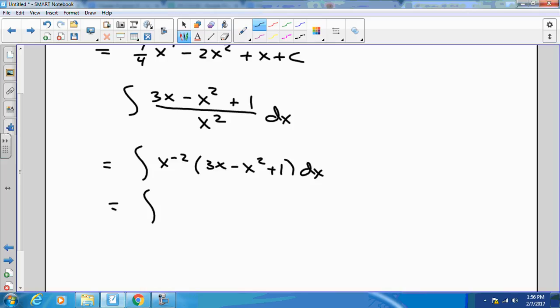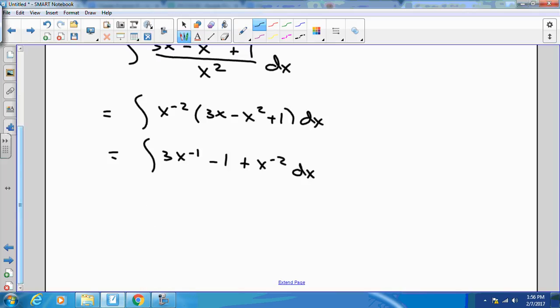And 3x to the negative 1 minus 1 plus x to the negative 2. So the equation is negative 6 x to the negative 2 and minus x plus x to the negative 3 over negative 3 plus 3.